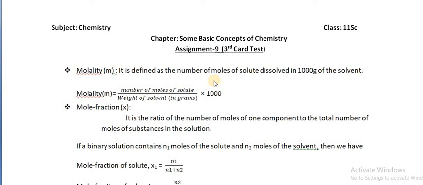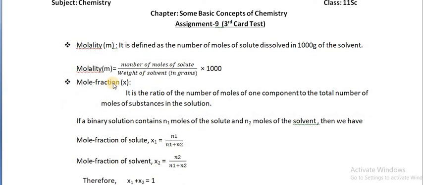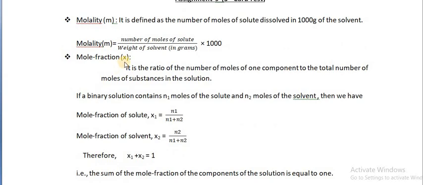So whatever number of moles we take in 1000 gram of the solvent will be the molality, and it is given by number of moles of solute by weight of solvent in grams into 1000. Sometimes it is also defined as the number of moles of solute for 1 kg of the solvent.